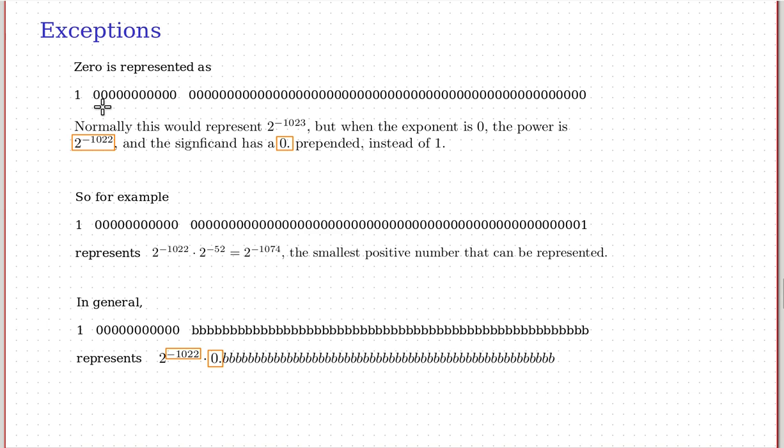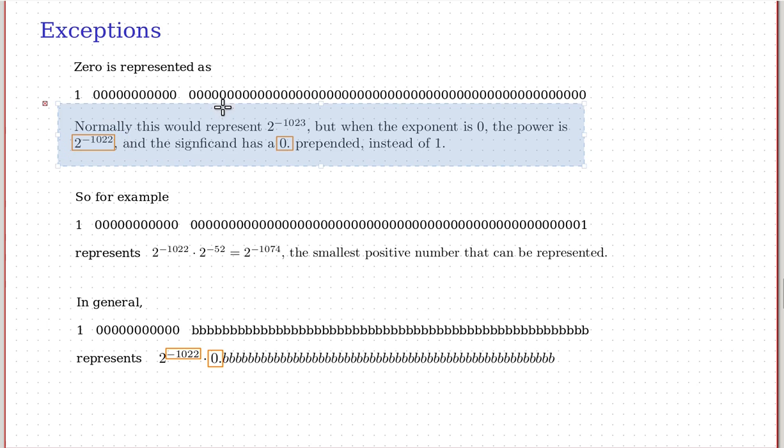Normally, a number with these bits would represent, let's take it one at a time. The exponent bits are all 0, so normally that would represent power 2 to the negative 1023. But there's an exception: when the exponent is all zeros, it doesn't represent the power negative 1023, it represents the power negative 1022. Okay, that's one exception.